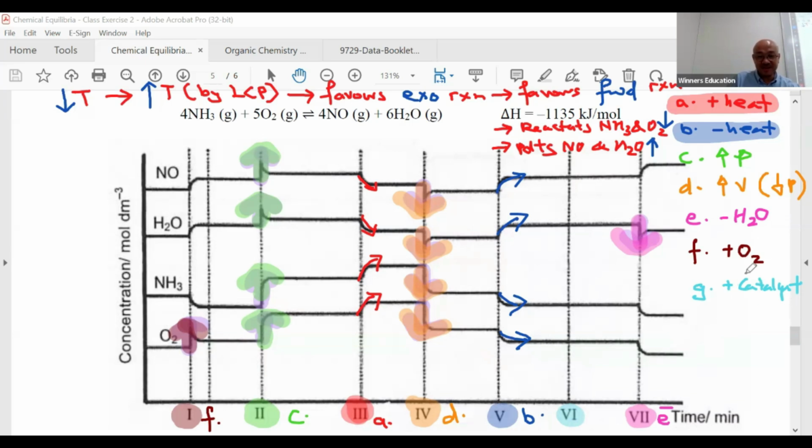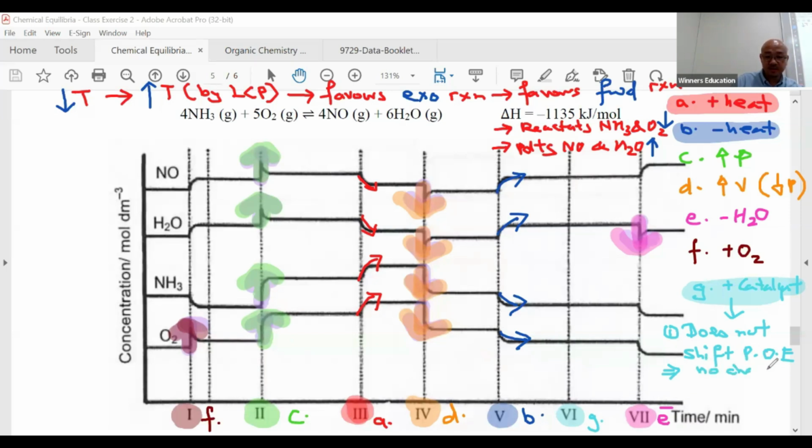Okay? All I can say is, last one, when you add a catalyst, what does a catalyst do? Just what we just mentioned, right? Catalyst does not shift the position of the equilibrium, right? So if you ask me to explain, I have to write something, right? So once again, you have 2 occurrences. First of all, it does not shift the position of equilibrium, the POE. If it does not shift the POE, it's as good as saying no change to equilibrium composition, i.e. the concentration.